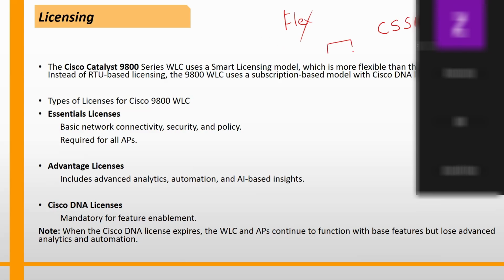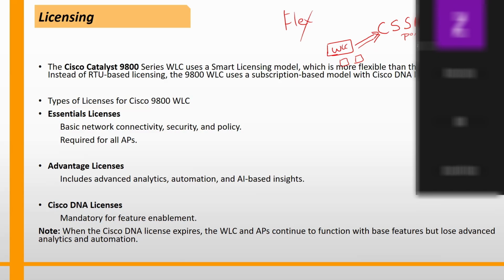Your device, the WLC, is going to send the usage to the cloud server: how many APs are registered. It calculates the usage and shows how many are installed in the CSSM cloud portal. So it is nothing but a portal.